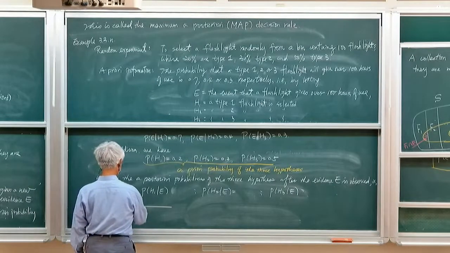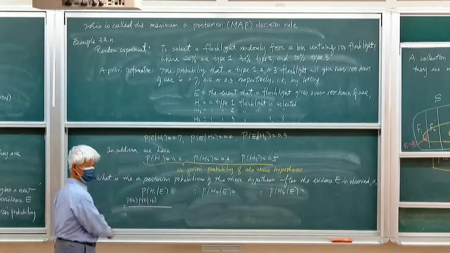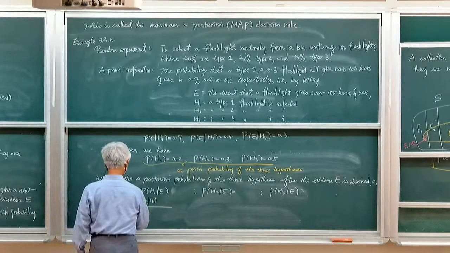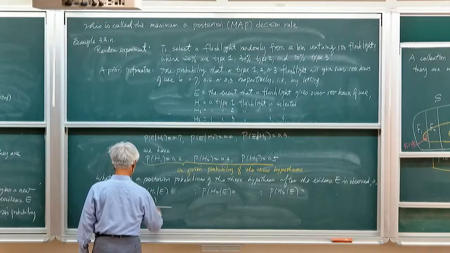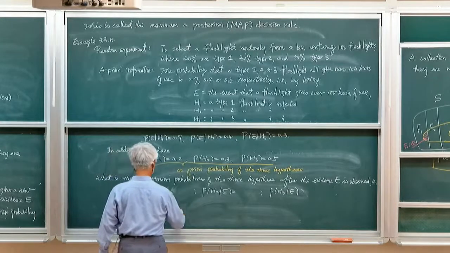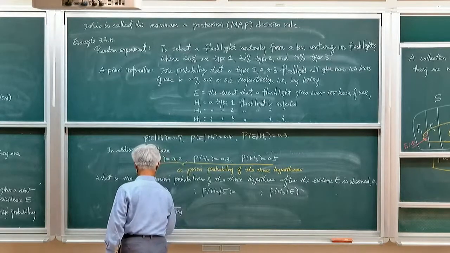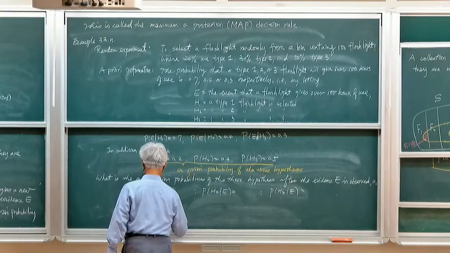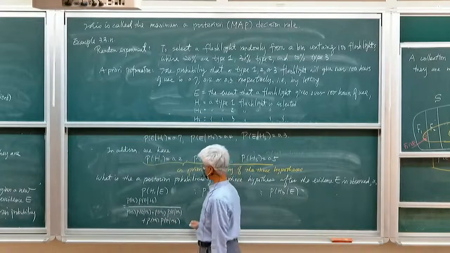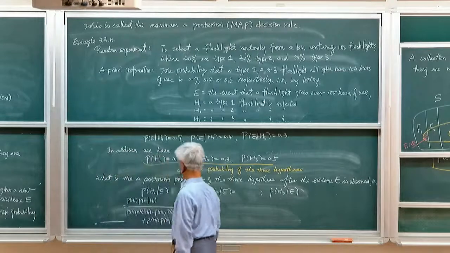So now we have probability of H1 times probability of evidence given H1, and the denominator would be probability of H1 times probability of E given H1, plus probability of H2 times probability of E given H2, plus probability of H3 times probability of E given H3. Okay. And what is that?